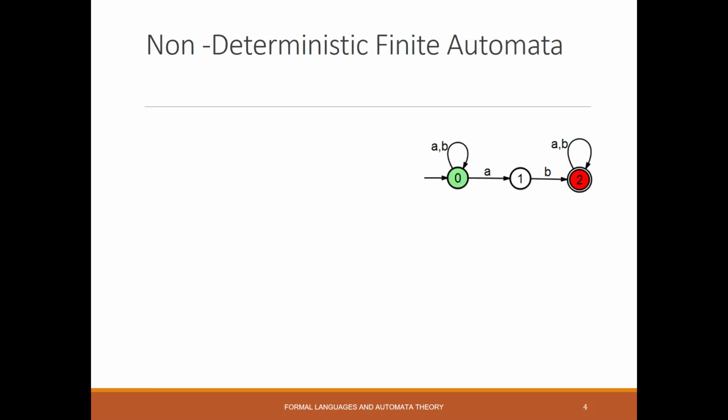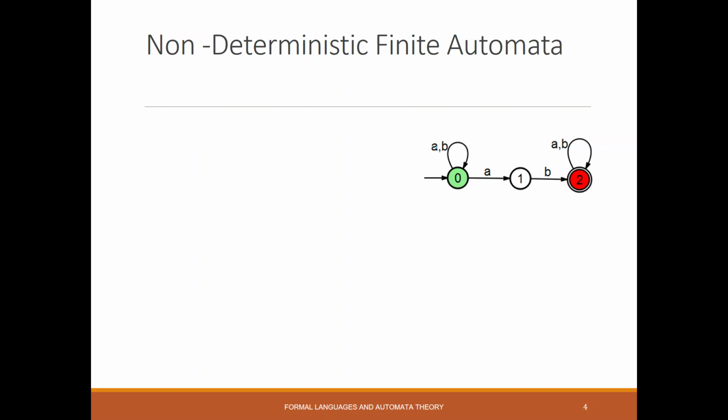Okay. Now consider this diagram. We have two inputs A and B and three states 0, 1 and 2. Why are we saying this diagram is an NFA? We have used input A on 0 in such a way that it can reach 0 and also it can reach 1 by using the same input.